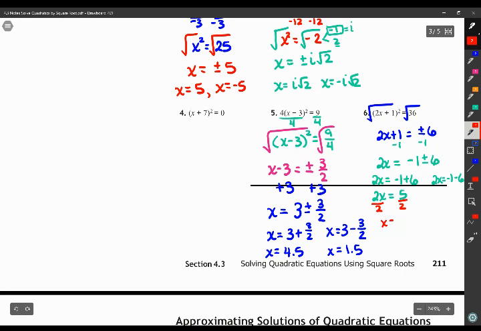So then x is equal to 2.5. And then over here, you get 2x is equal to negative 7, so you'll divide both sides by 2 to get x is equal to negative 3.5. And again, make sure you're doing that out all the way. You can't just leave it halfway done.